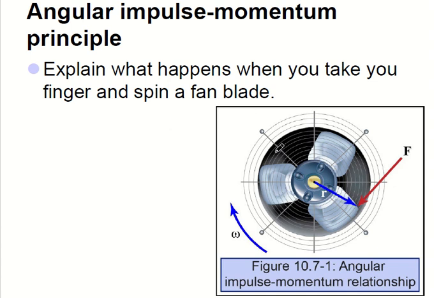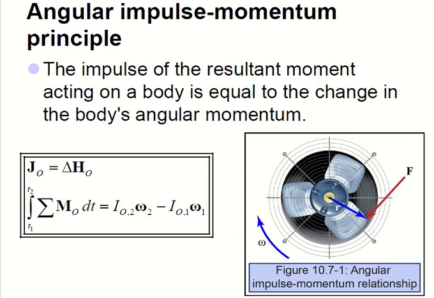Think about what happens when you take your finger and spin a fan blade, and it goes around with an angular velocity from the force you put in. When you do that, the impulse of the resultant moment acting on the fan is going to equal the change in that body's angular momentum.